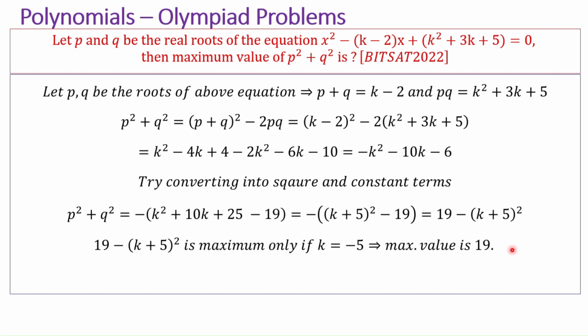That is very clear. And when you will get that maximum value? When this k plus 5 term is gone, basically, correct? You don't need to subtract anything from this 19, then you get the maximum value, that is 19. So k should be minus 5. If k is minus 5, k plus 5 whole square is 0, right? So maximum value is 19 if k equal to minus 5. Okay, so p square plus q square maximum value is 19.